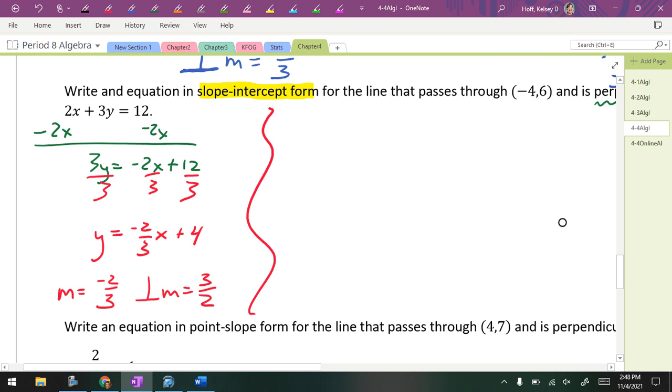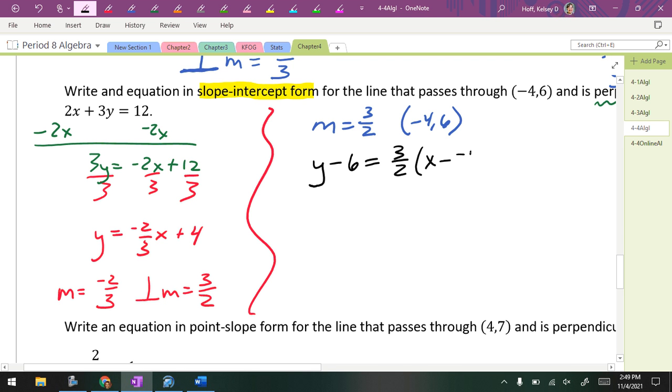Now, the information I need to use is that the slope is 3/2 and the point is negative 4, 6. They gave me a point and a slope. What are you plugging into? Point slope. Y minus 6 equals 3/2 times x minus negative 4, which really becomes plus 4.